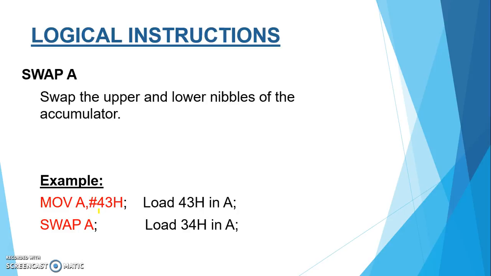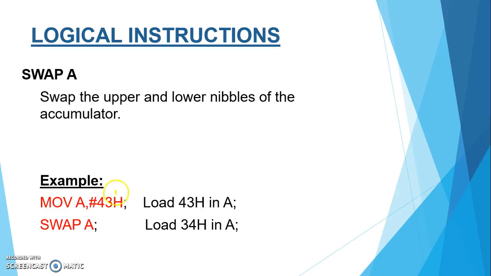Then next to that we have the swap instruction. So swap does what? It swaps the nibbles. If I consider 8-bit data, it has two nibbles. The lower 4 bits are considered the lower nibble, and the higher 4 bits of the 8-bit data are considered the higher nibble. So what it does is the lower nibble is kept on the higher nibble side, and the higher nibble is kept on the lower nibble side.